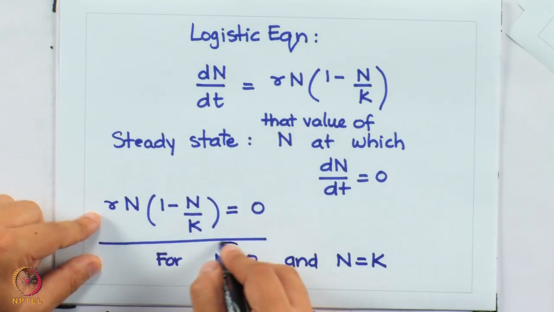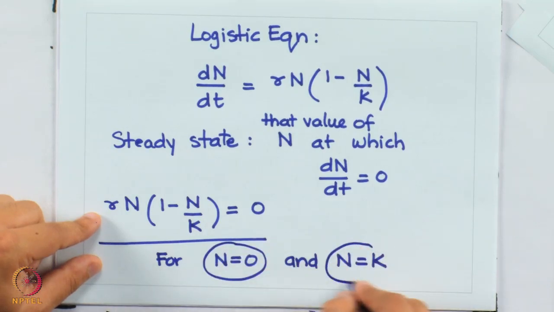So, we have two values of N for which dN by dt is equal to 0.